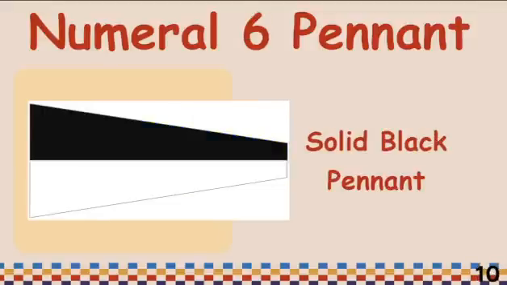Next is the numeral 6 pennant. And as again you can see in our image, it is a solid black pennant with white at the bottom. This is number 6.